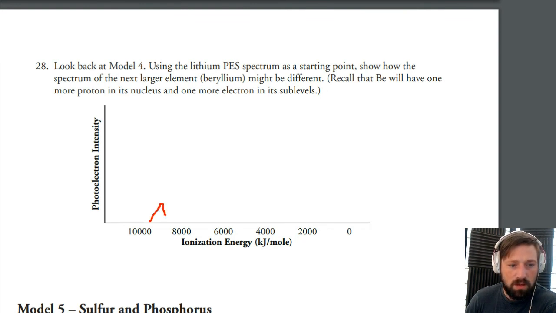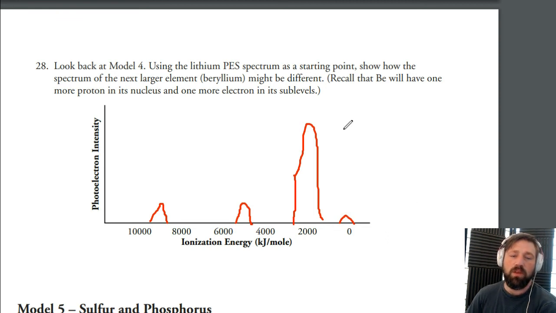So this is going to be my first 1s2 peak, and then my second peak is going to be about there. My third peak is going to be 8 electrons, so it's 1, 2, 3, 4, 5, 6, 7, 8. And then real close to the end here, I'm just going to have a small 1 electron peak for the 3s1. So this is going to be the photoelectron spectra, the PES, for beryllium.